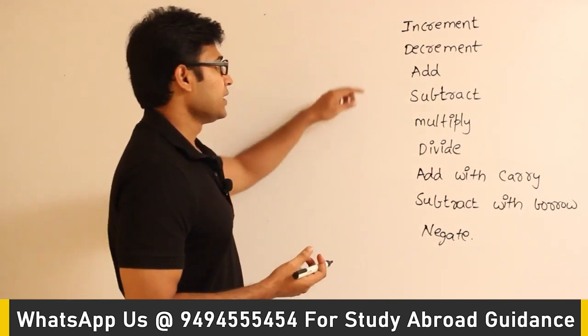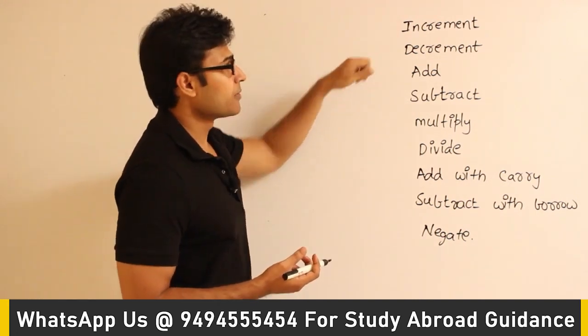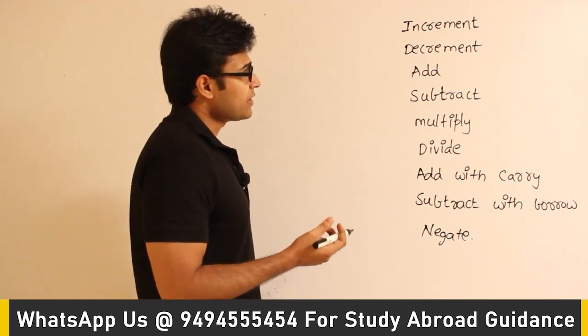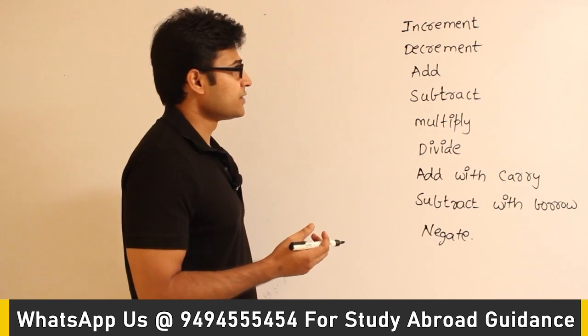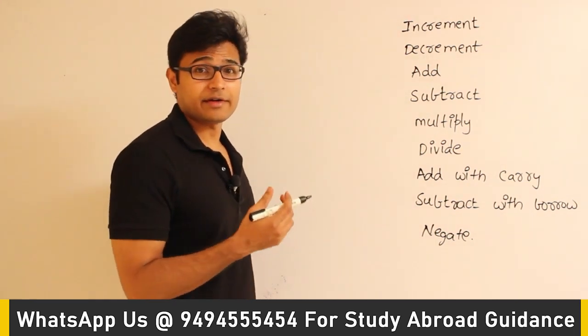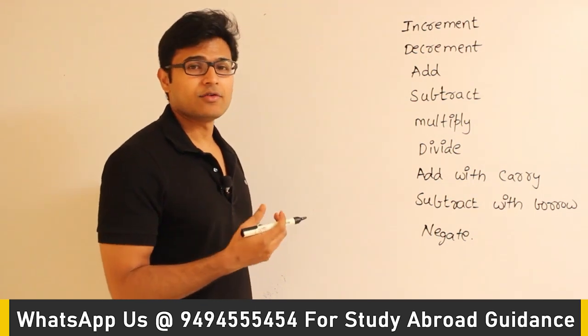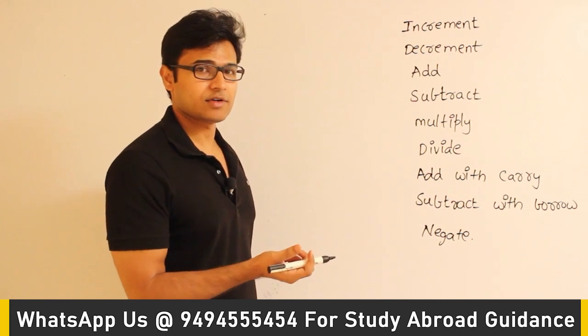Increment and decrement, we know it. And one good thing about increment and decrement is, in the design I'll show you again, but just try to understand here. A register is nothing but a sequence of flip-flops, and flip-flops are connected in such a way that they can even act as a counter.